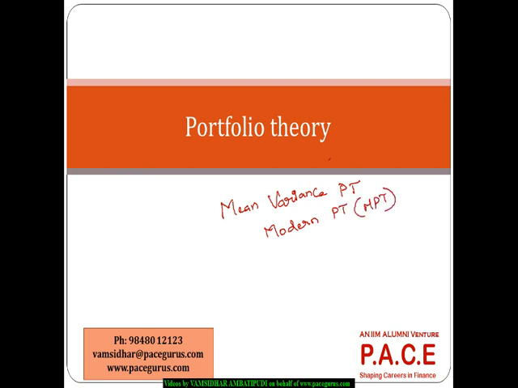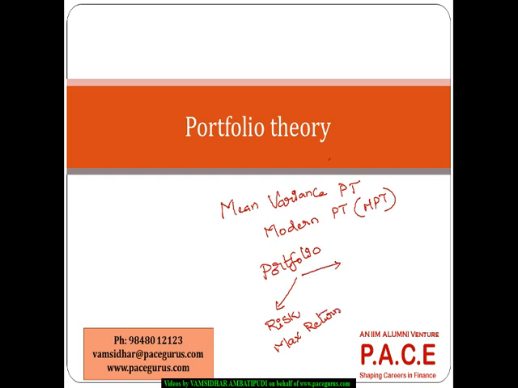Primarily, what this talks about is how I can construct a portfolio, the basic foundation for constructing a portfolio, in such a way that if I have chosen some amount of risk, I will get the maximum possible return for that specific risk.